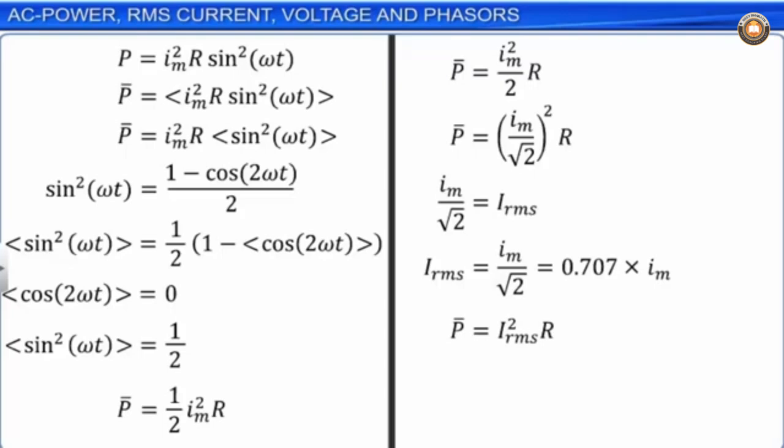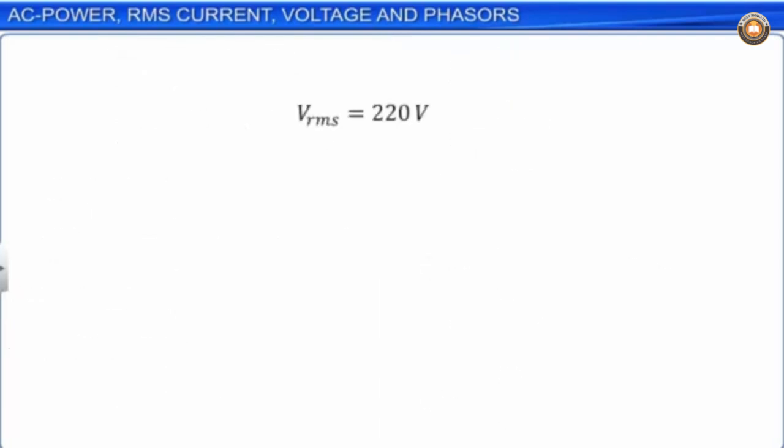Similarly, we can denote the RMS voltage or effective voltage VRMS as Vm by √2, where Vm is the amplitude of the AC voltage. The value of voltage normally used to describe an AC voltage is an RMS voltage. For example, domestic supply has 220 volts AC.